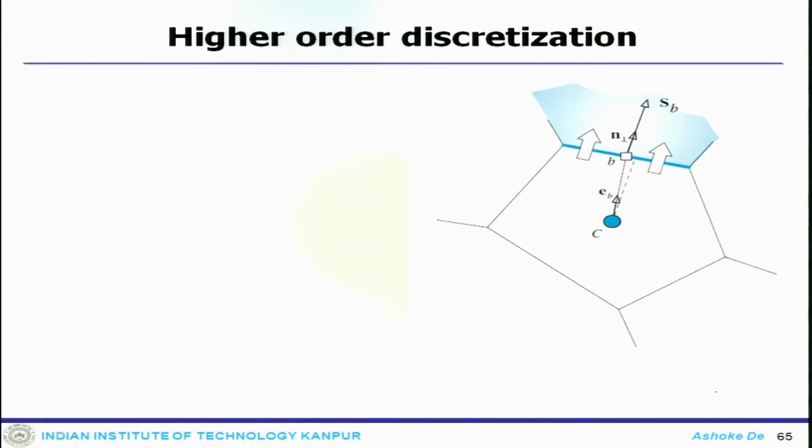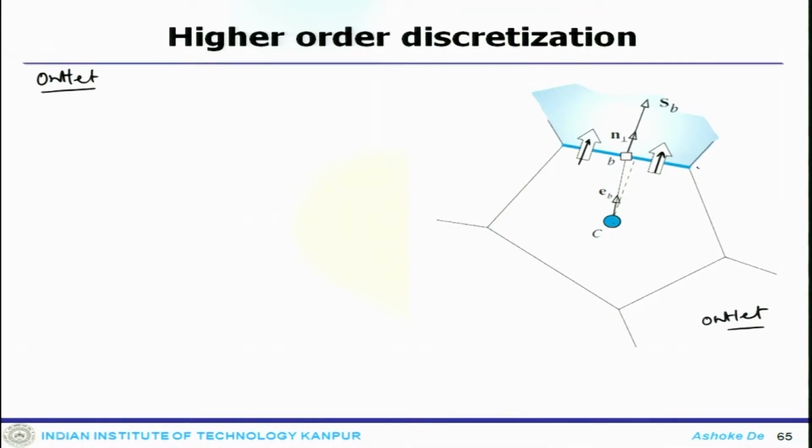Now, if you go to the outlet boundary condition, so that is an outlet. At the outlet, the flow goes outward, and this is the cell C. At the outlet, no information from the downstream of the boundary grid point is available.